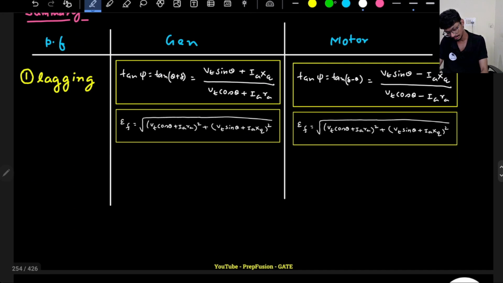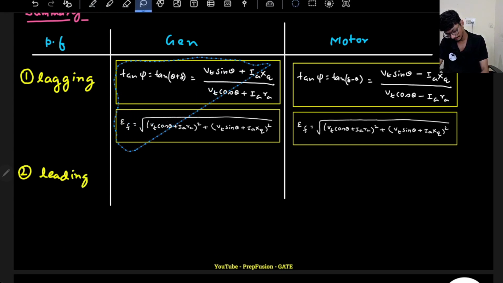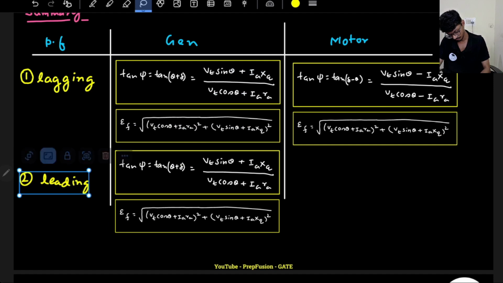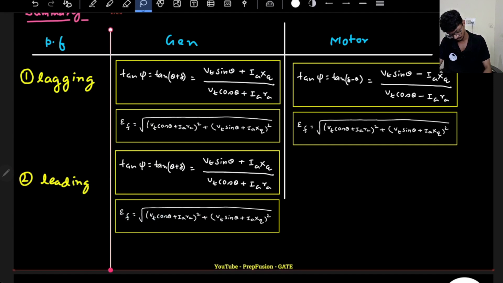For leading case, you will just replace your theta with minus theta.